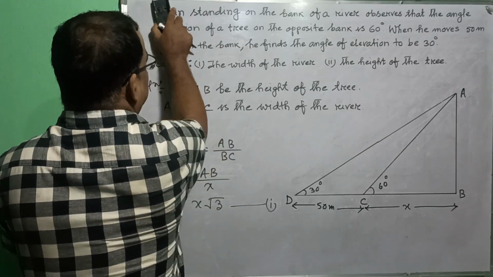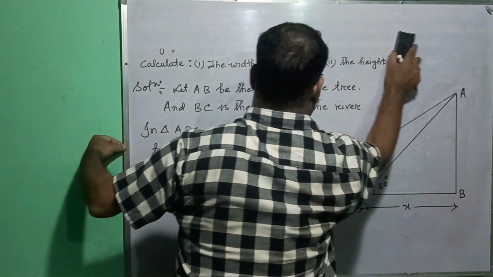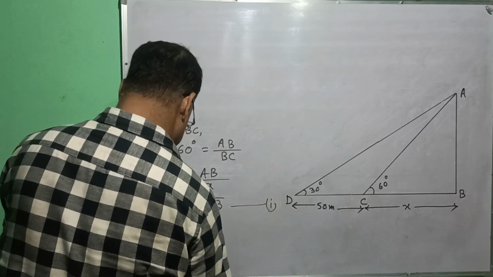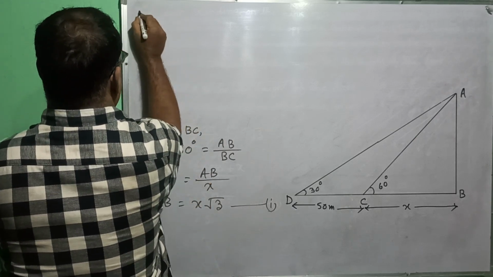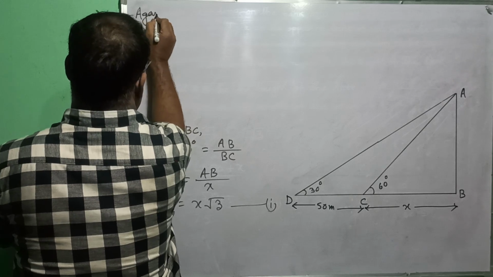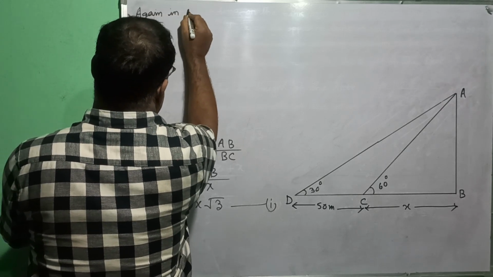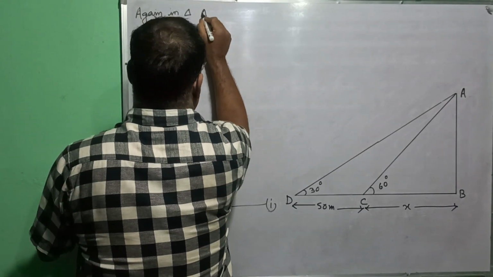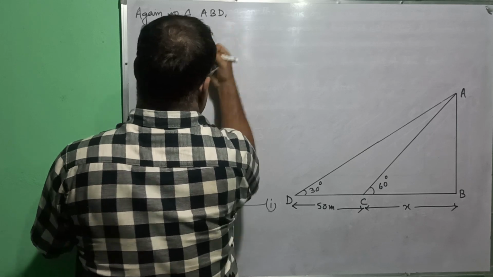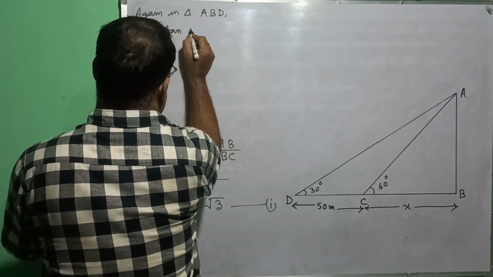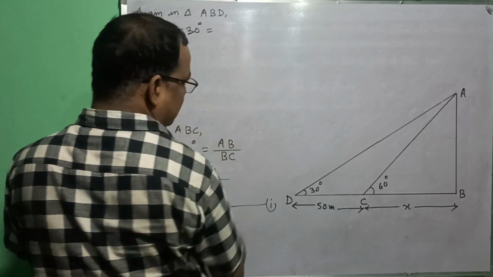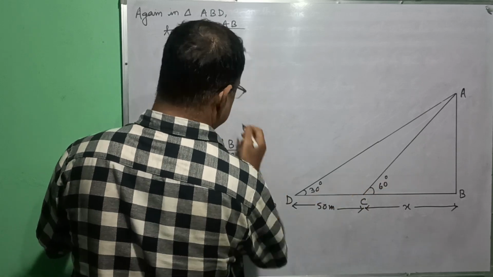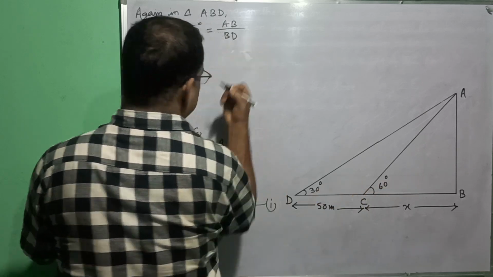Now, I am removing the question. We'll write again in triangle ABD. In triangle ABD, tan 30 degrees equals AB by BD.